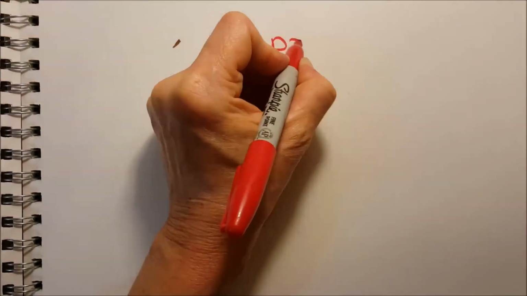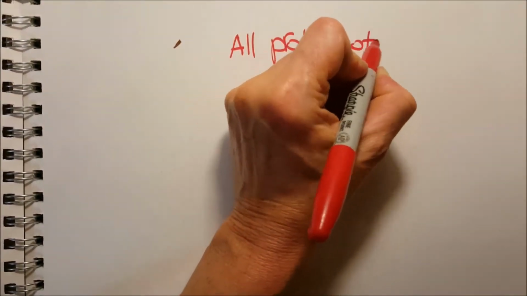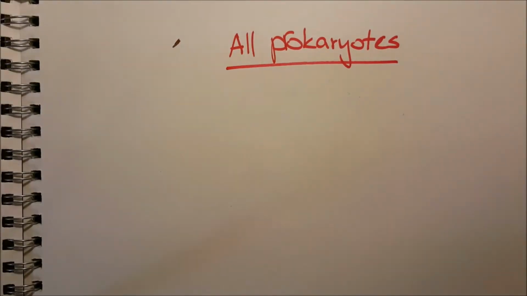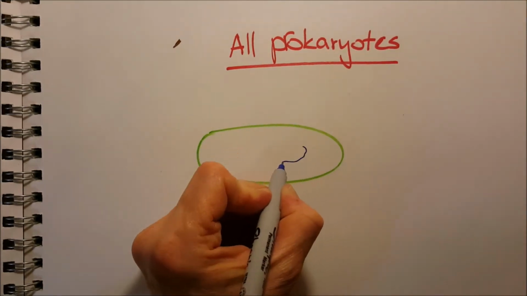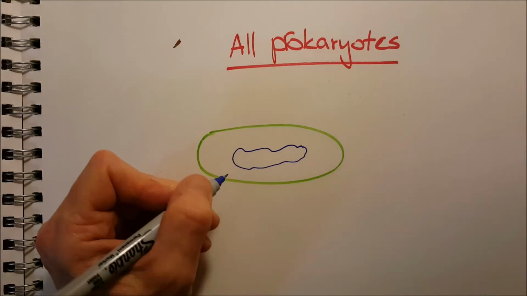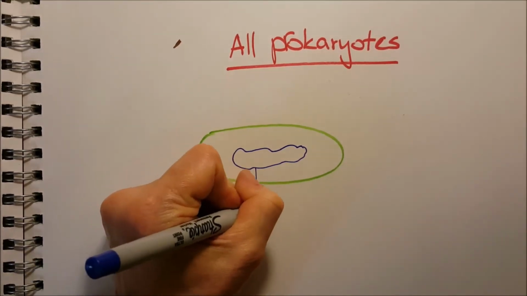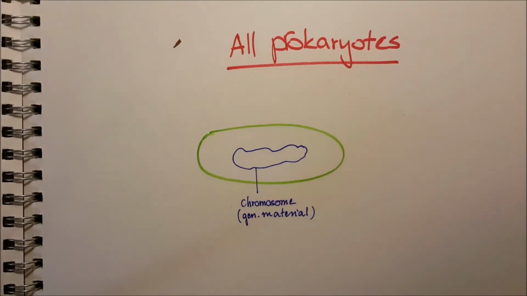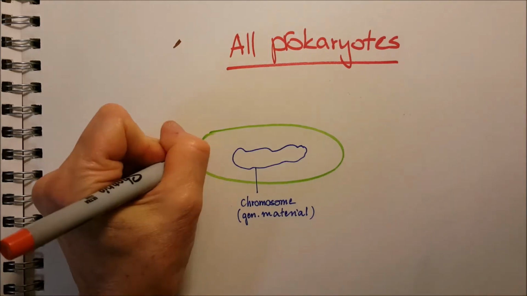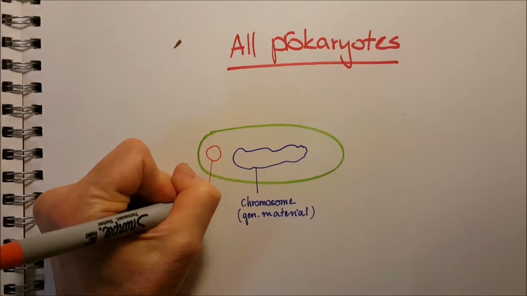All prokaryotes share some characteristics that are common for all of them. Let's draw a prokaryotic cell, and the green represents the cell membrane, and inside we have the DNA material, the chromosome, the circular hereditary material.